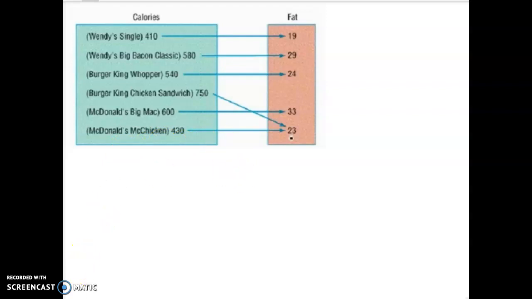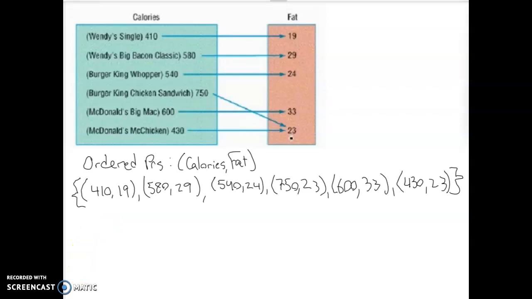Let's write that out as ordered pairs. You can see that each X value has only one value of Y that it maps to. You might be saying, I have multiple arrows going to 23. Well, that's one of our outputs or Y values. We can have two different X values going to the same Y value. That's okay.